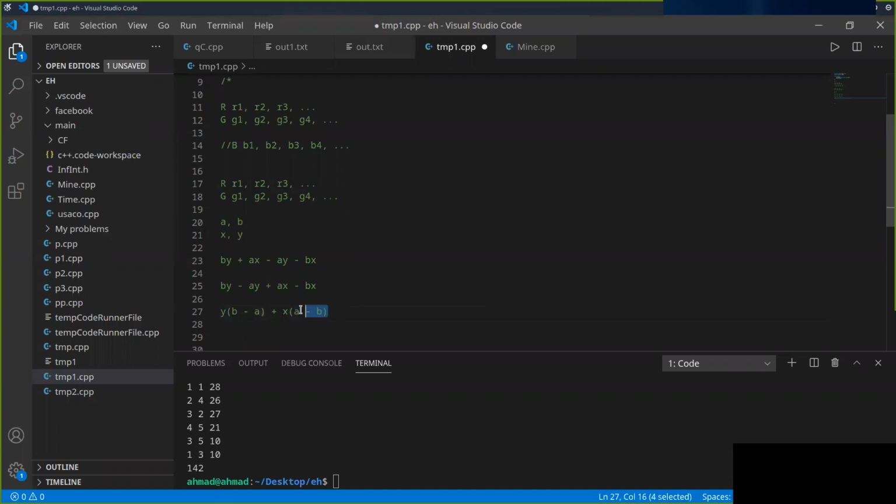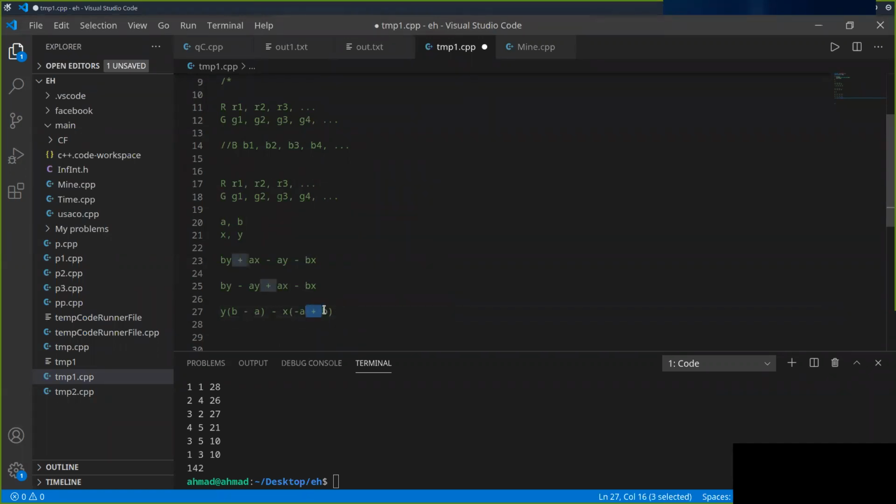So I want to extract a negative from A minus B to make it B minus A. If I extract the negative, I turn this positive to negative and reverse the sign of everything inside the bracket. So make this negative and make this positive.